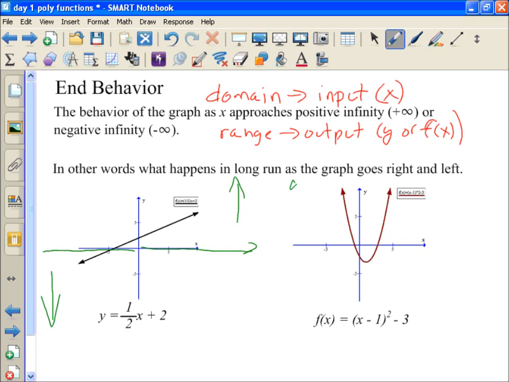Over here on the second function, the quadratic, this parabola, as x gets bigger and bigger, the function gets bigger. But also as x gets smaller and smaller, the function still gets bigger. It goes up. And so in very simplistic terms, we would say the end behavior of the first function is that it's down, up, and the end behavior of the second function is that it is up, up.